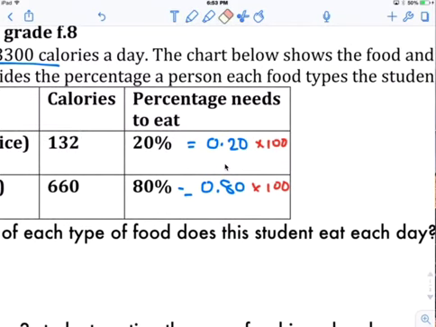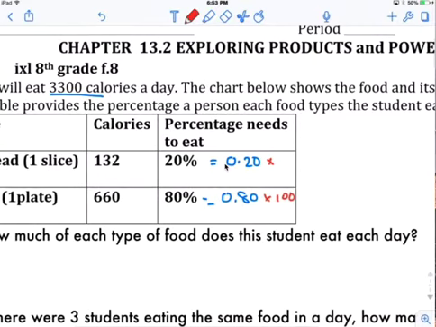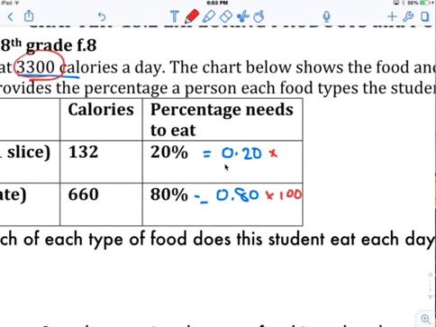Not 100 times the total calories here. The total is 3,300.